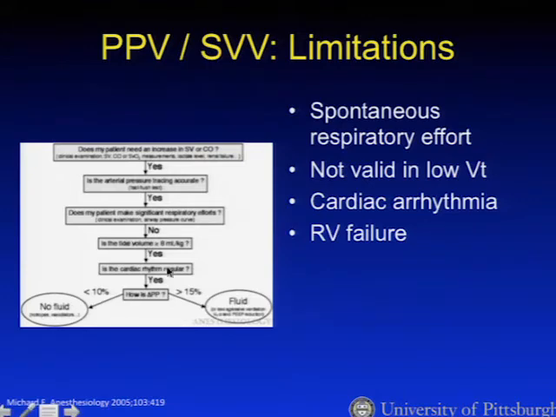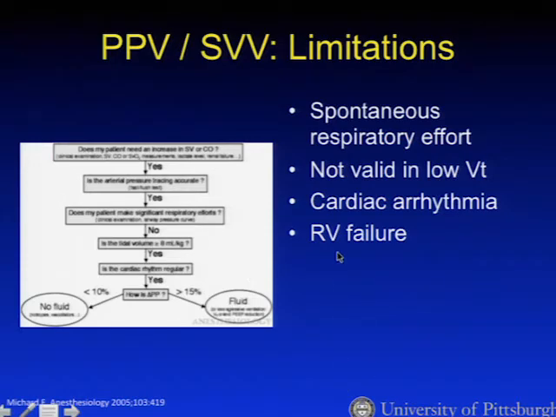Tidal volumes must be on the higher end, around 8 to 10 mLs per kilo ideal body weight, for the cutoffs to be applicable. And if you have significant variability in the RR interval due to atrial fib or a lot of ectopic activity, this will also be invalidated.